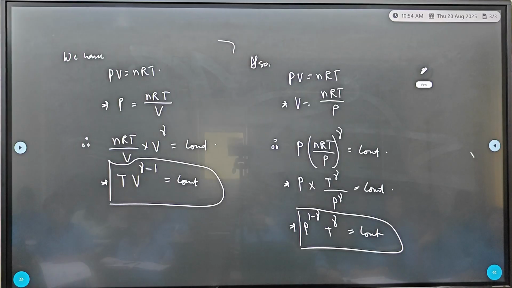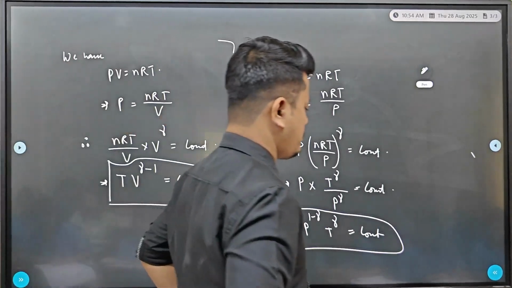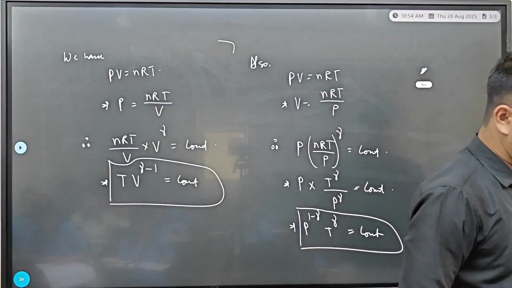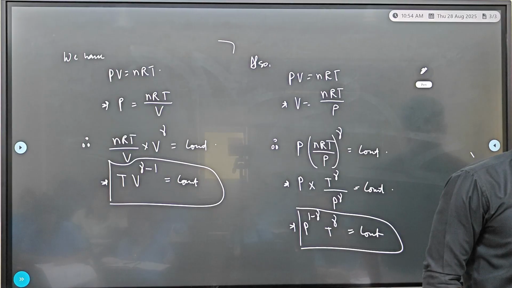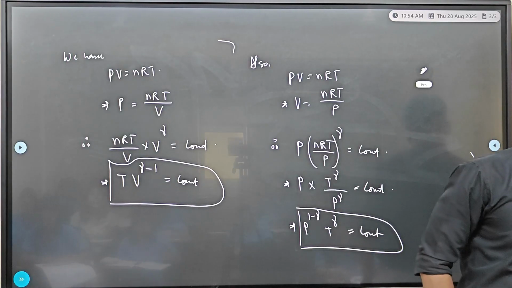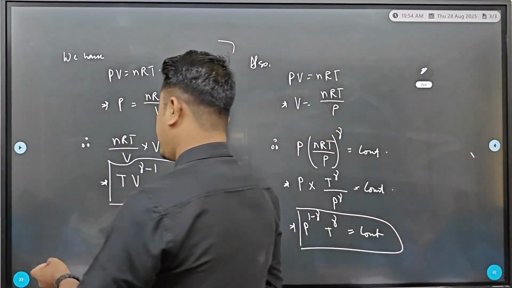Go for next, PV indicator diagram. Got it? So try to understand.